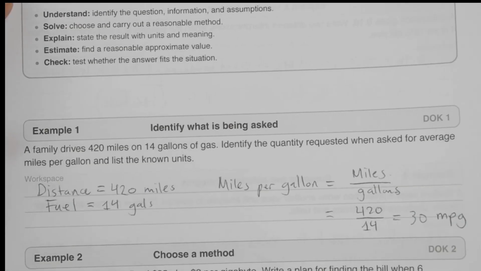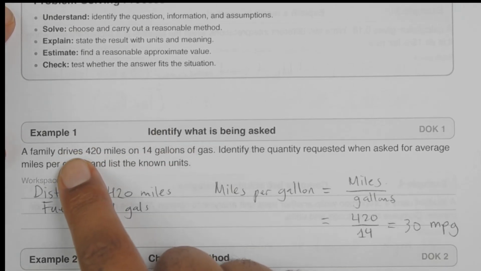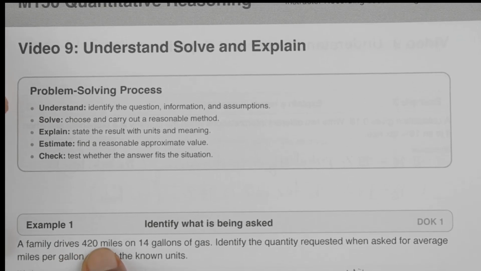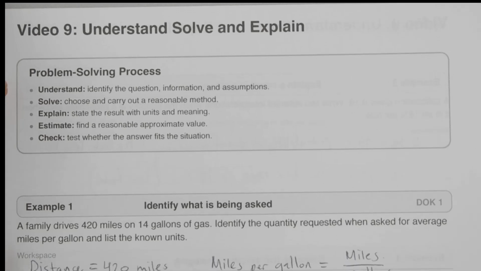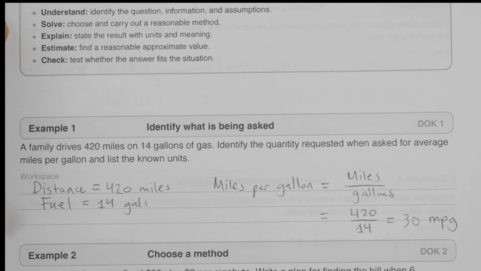The first question says a family drives 420 miles on 14 gallons of gas. Identify the quantity requested when asked for average miles per gallon and list the known units. What we already know is the distance is 420 miles, and the fuel the car has is 14 gallons.